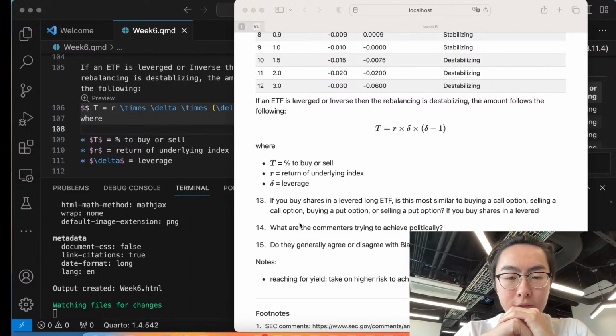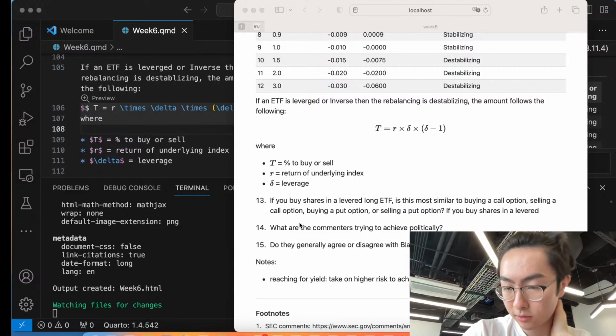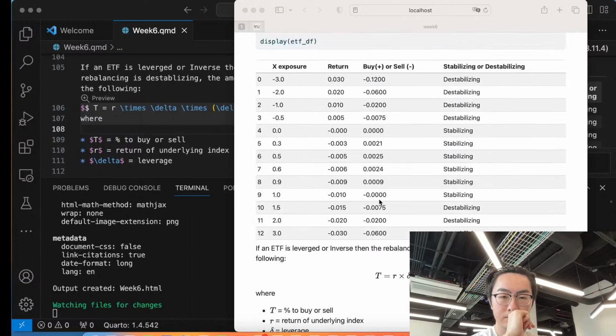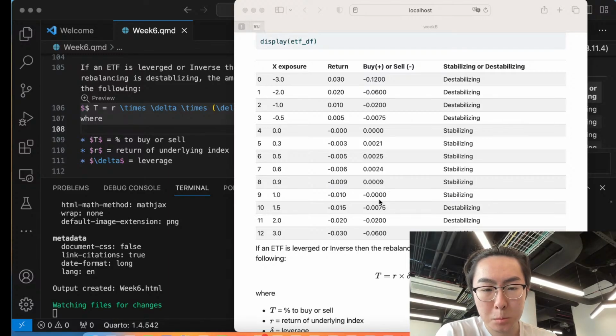So if you are buying shares in a leveraged long ETF, this is most similar to... So why is it different? It's twice the amount usually.